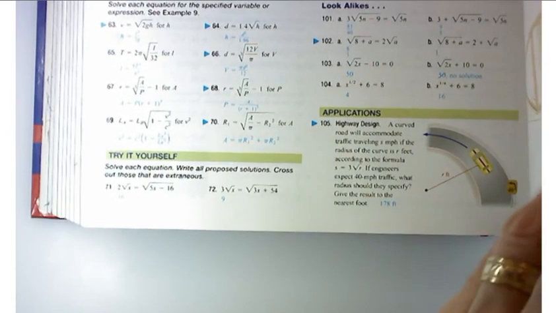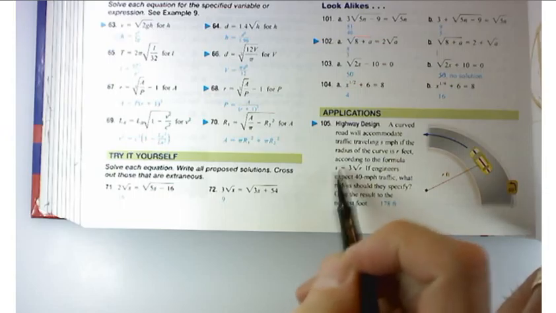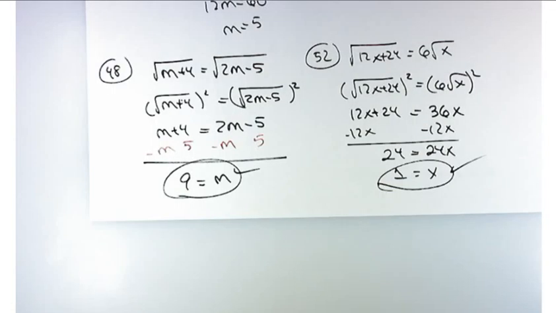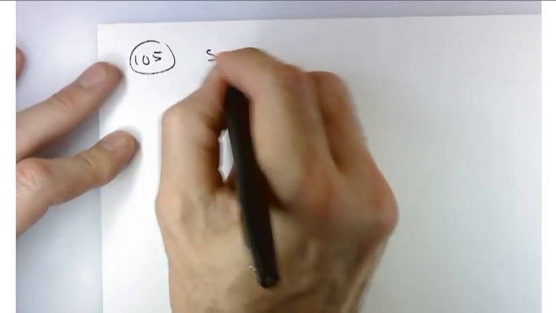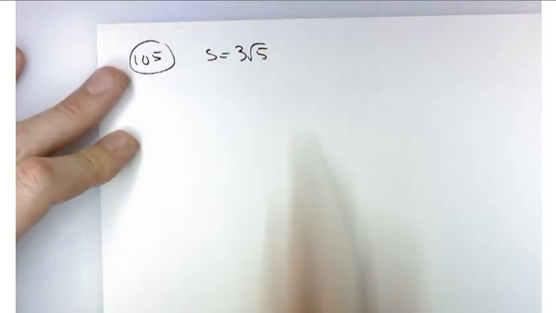Well, we don't know, but we do know how fast the traffic is going to flow. So it's this formula, s equals 3 square roots of r. Let's write that down to get started. So 105: s equals 3 square roots of r.